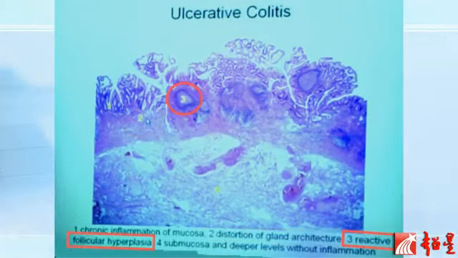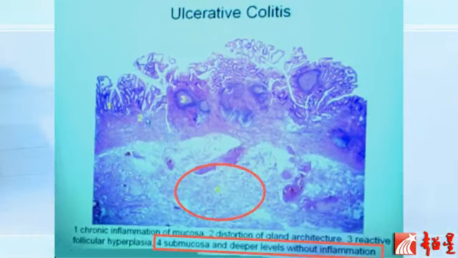And the third, chronic lymphocyte hyperplasia forms this follicle. The submucosa and the deeper levels are without inflammation. So this is ulcerative colitis. The inflammation and the ulceration are limited to the superficial.